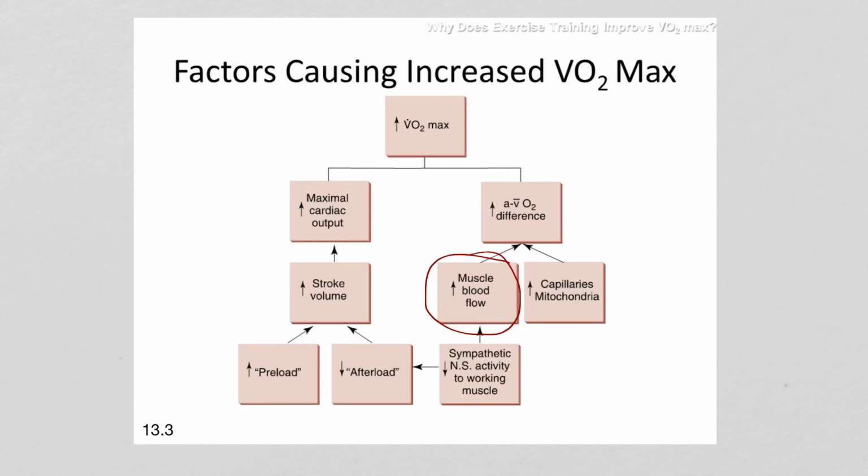We talked about that with the article on the leg blood flow, and typically we're really good at shunting blood away from, say, the splanchnic organs, the abdominal organs, into the active muscle. That alone will help increase AVO2 difference because now we're sending more blood to the active tissues that are actively increasing their oxygen extraction, with less blood going to the tissues that won't use as much. And so overall, this just creates a greater chance to use oxygen.